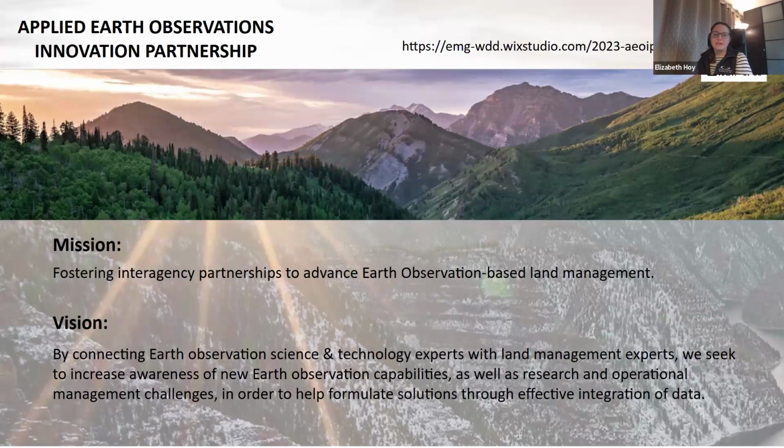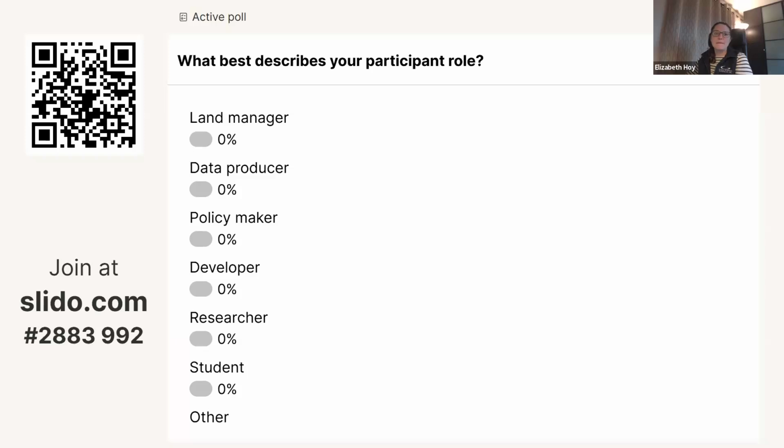And this vision is really that in connecting Earth observation science and technology experts with land management experts, we seek to increase awareness of new Earth observation capabilities, as well as research and operational management challenges in order to help formulate solutions through effective integration of data. And oh, is there a lot of data now? And so Andy's going to talk a little bit about some of that and some of the workflows that can be challenging in a little bit.